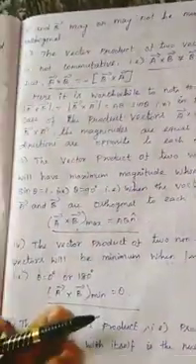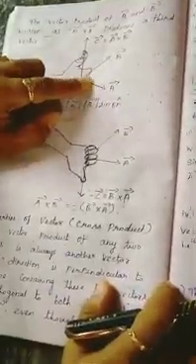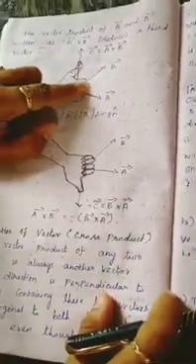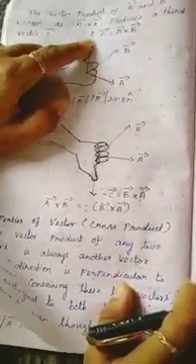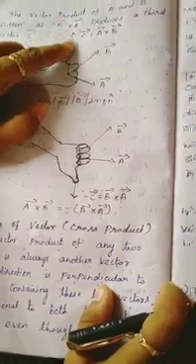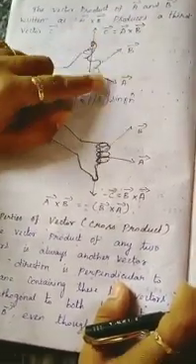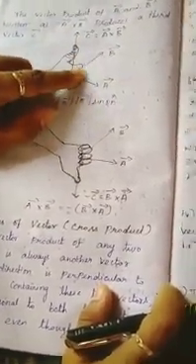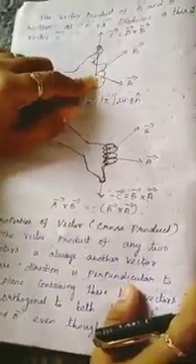A and B need not be perpendicular to each other, but C vector is perpendicular to B and C vector is perpendicular to A. So A vector and B vector may not be mutually orthogonal.